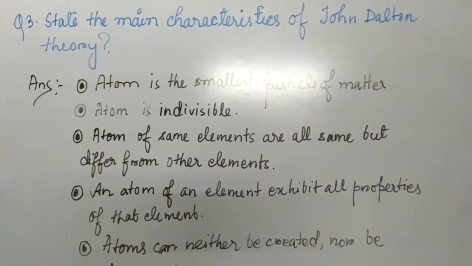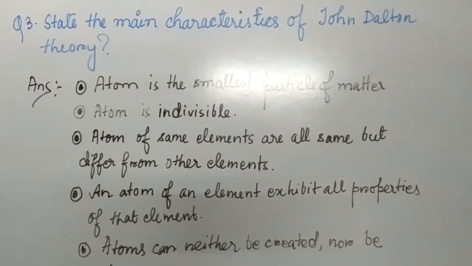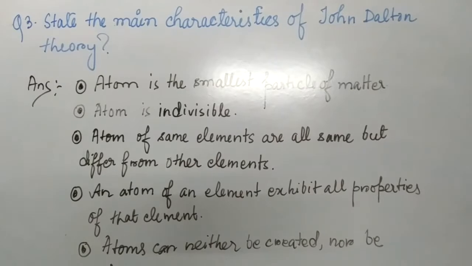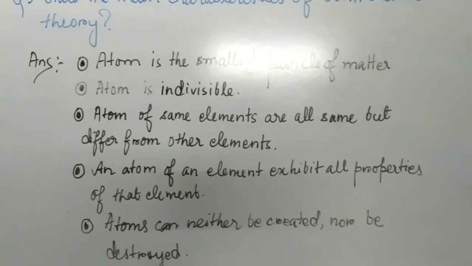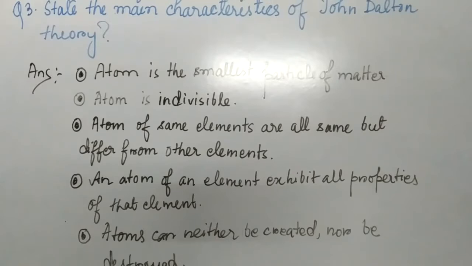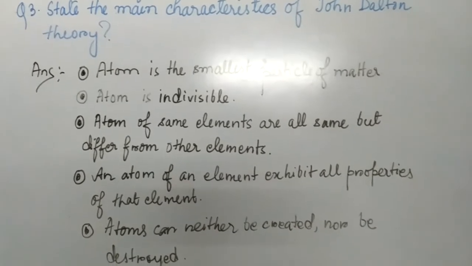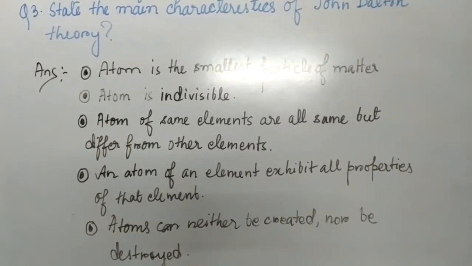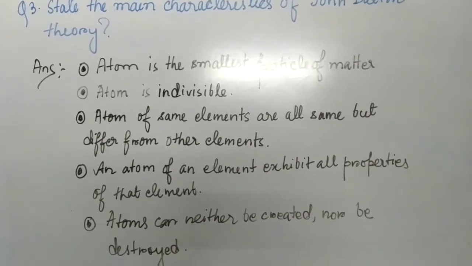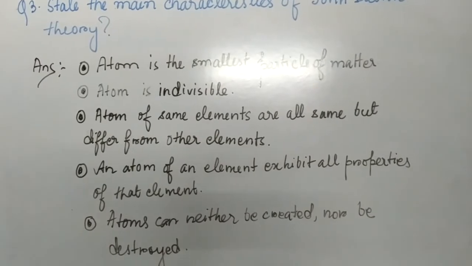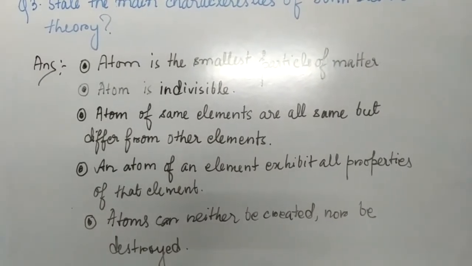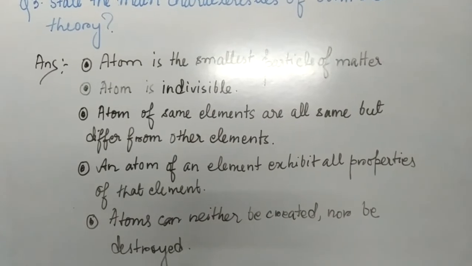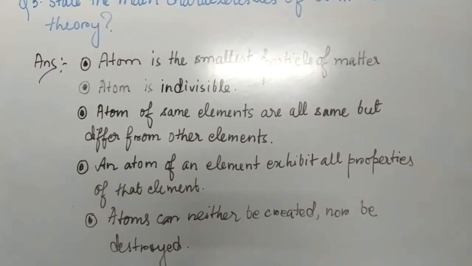Next is, an atom of an element exhibits all properties of that element, as I said just now. Next and the last point, according to John Dalton, is atoms can neither be created nor be destroyed. Like energy, we said, like matter also we said. Now matter is anything which surrounds us.